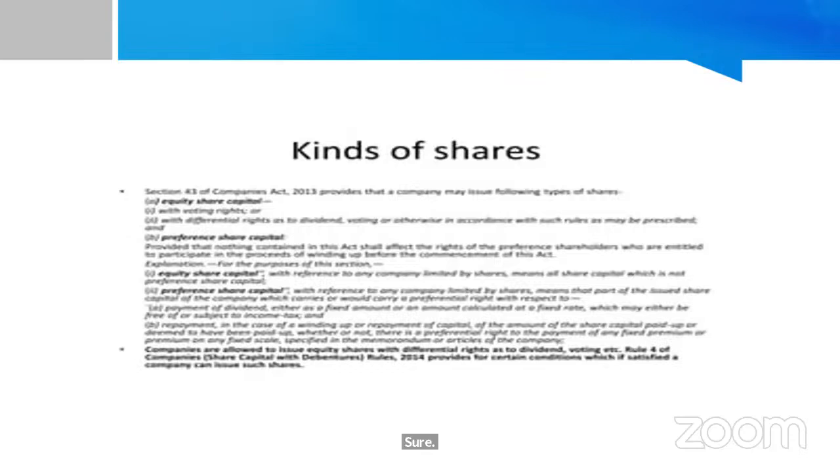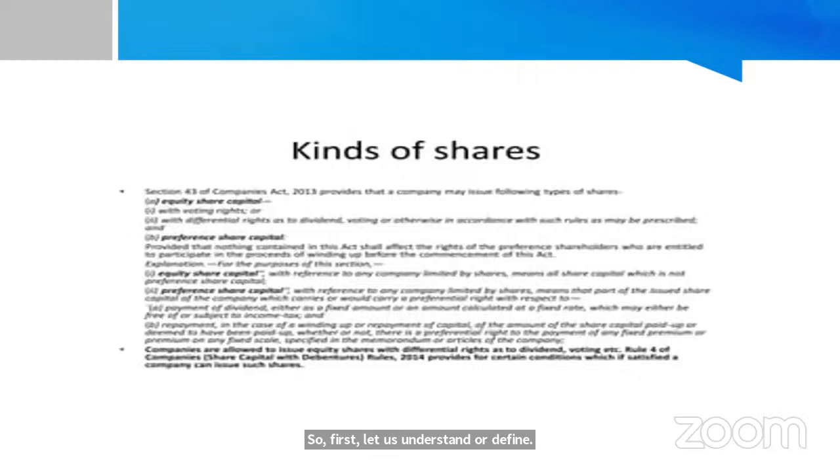So in this slide, basically I have spoken about the different kinds of shares. That is, there are two types of shares, equity share capital and preference share capital. So first let us understand or define preference share capital.